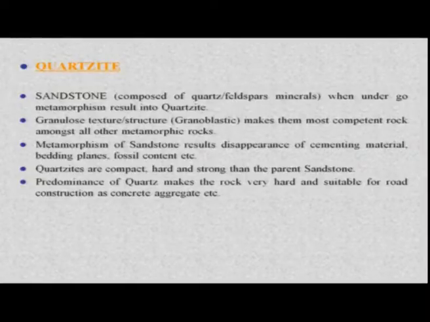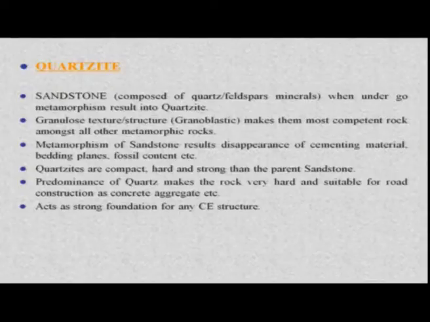So the roads constructed using these aggregates are mainly of quartzite. Quartzitic pebbles or gravels will have more durability as compared to roads made using aggregates from basaltic or other igneous rocks. So they act as good foundations for structures.